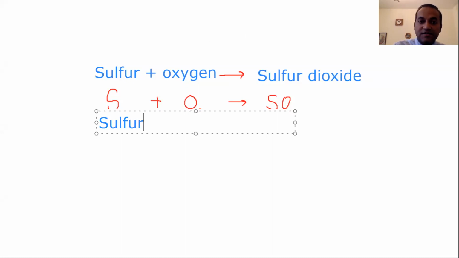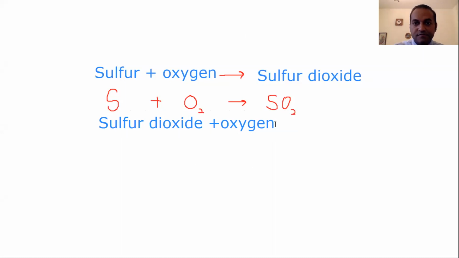So now sulfur dioxide plus oxygen. Okay, and then we're going to draw another arrow here. But is it going to be like this? Because just now we heard reversible. No, okay? So I'm going to erase.